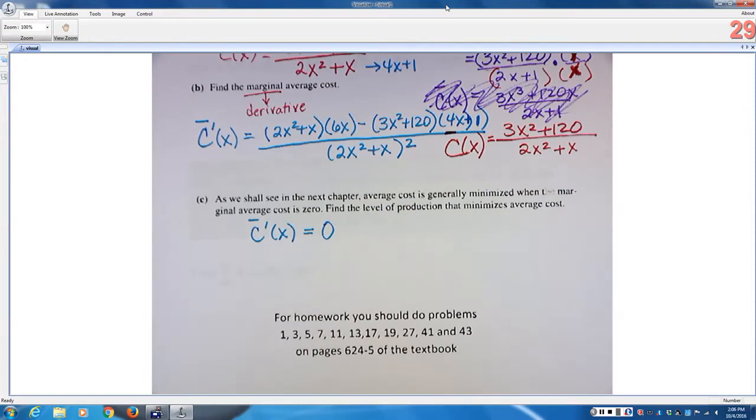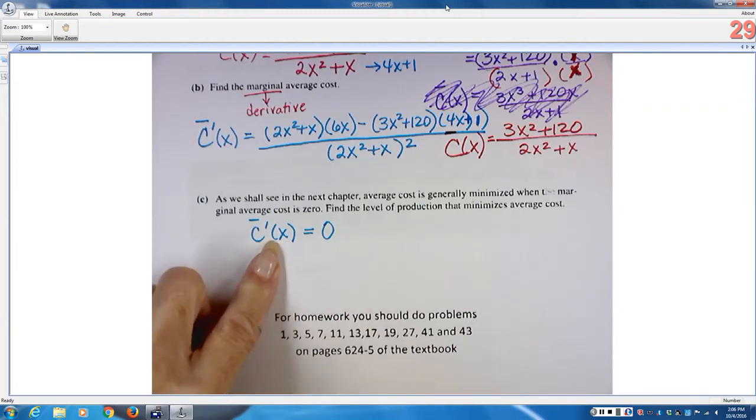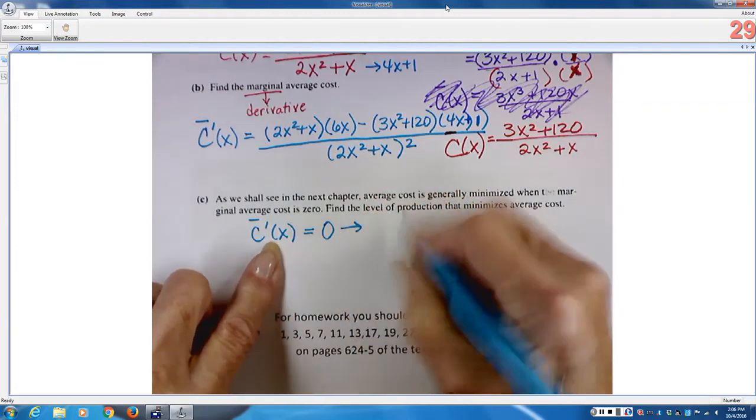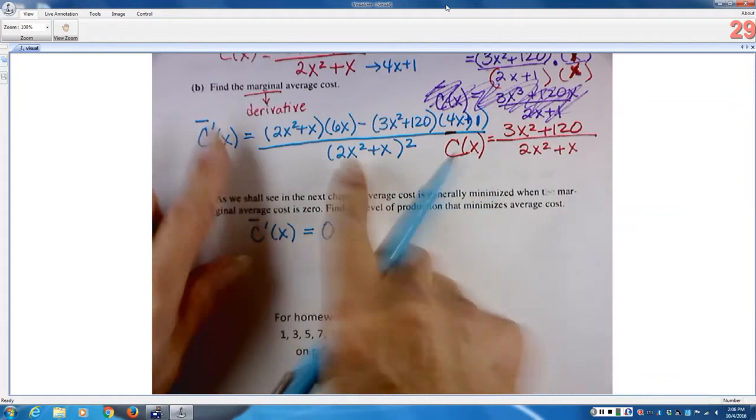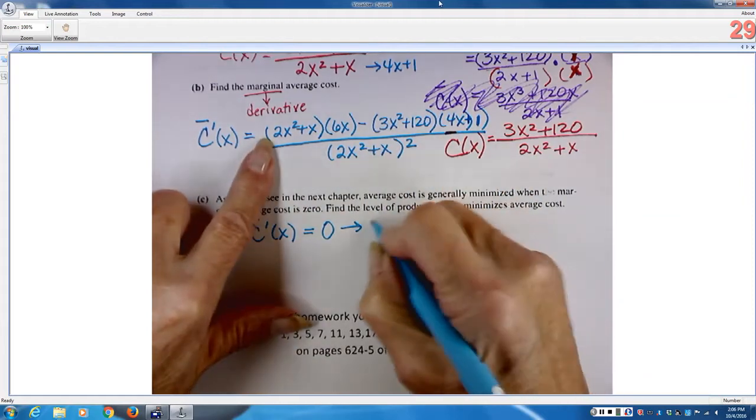How's the easiest way to do that? There's two, depending on what your likes and dislikes are. One way is algebraically. And I will kind of rearrange this a little bit to make it easier to actually plug things in.